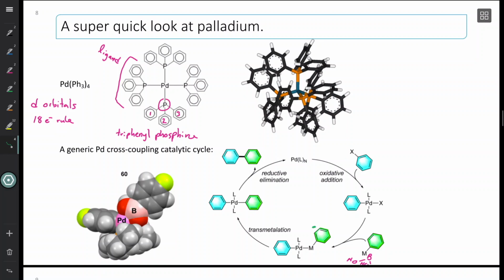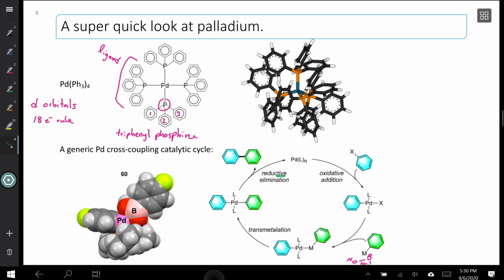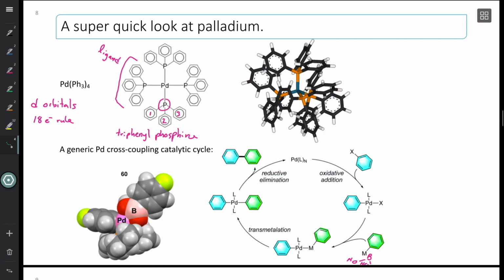So it also gets added to the palladium catalyst. The palladium catalyst gets rid of the halide and whatever group was on there, which comes off as junk. And then the palladium is holding both your benzene rings. It's a sort of matchmaker. It then combines them together in what is called the reductive elimination.